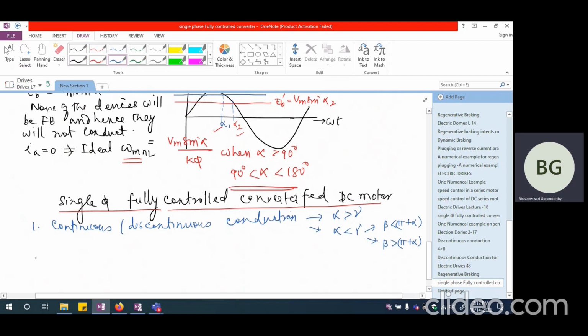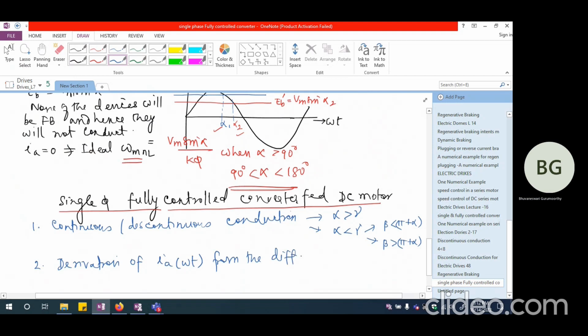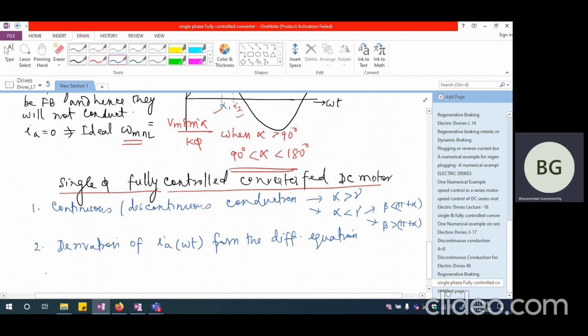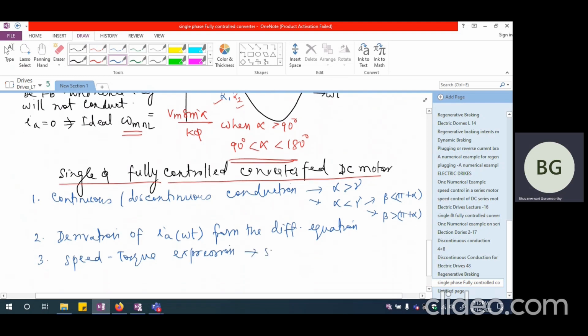Then we derived the expressions. So derivation of IA of omega t from the differential equation. And we also derived the speed torque expression. Then we drew the speed torque characteristics.